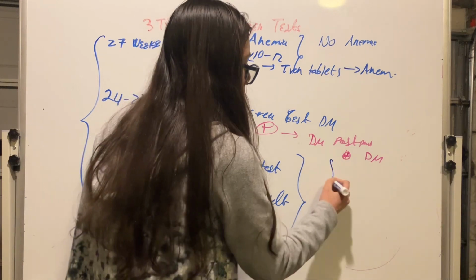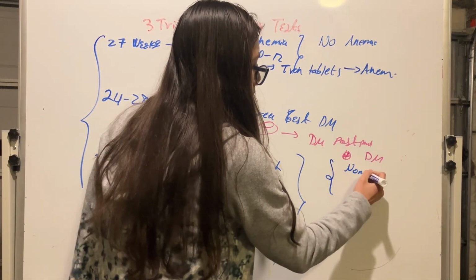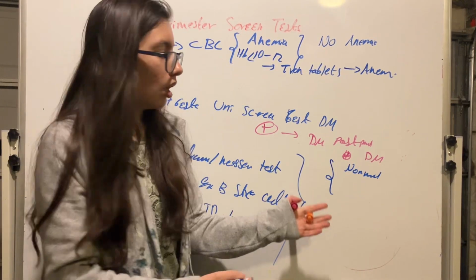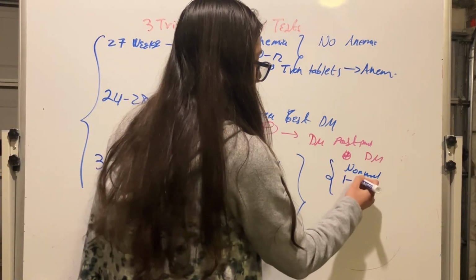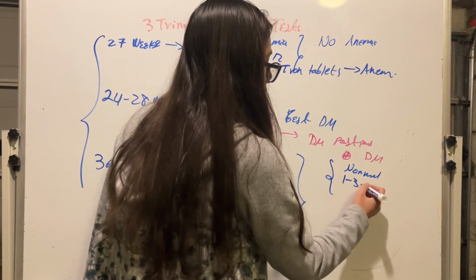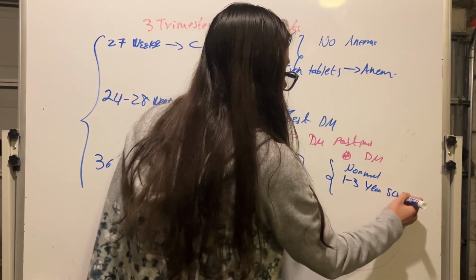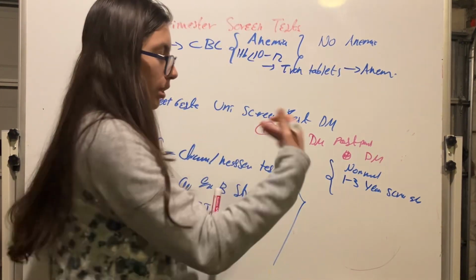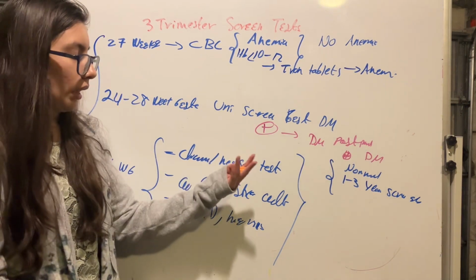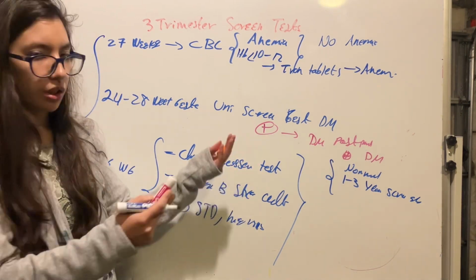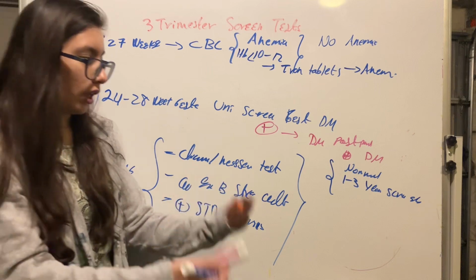then if it's normal, the postpartum test, then we are going to do a glucose test 1 to 3 years, screen glucose test. And if the patient is going to become pregnant, then this is a patient with high risk of having gestational diabetes again.